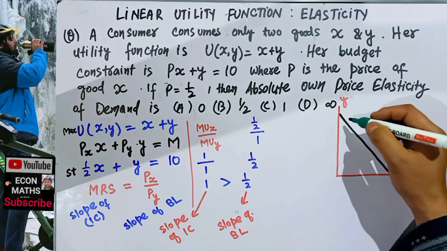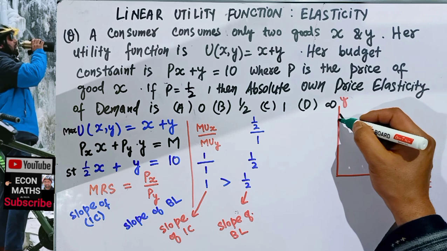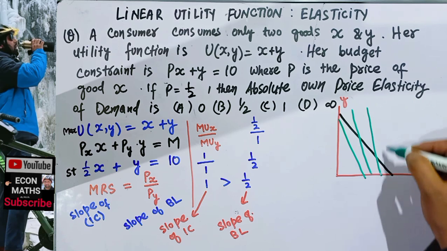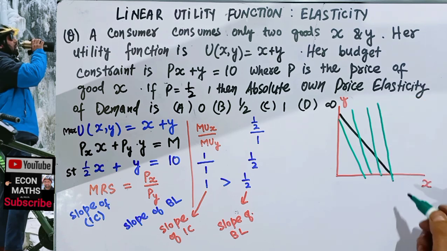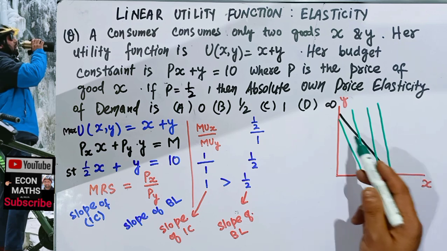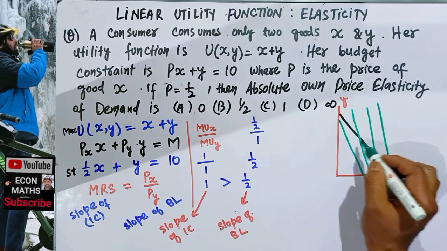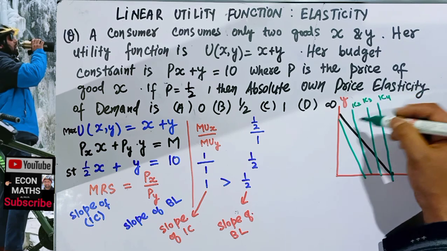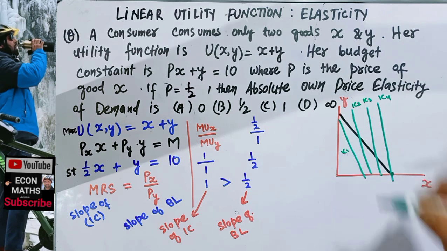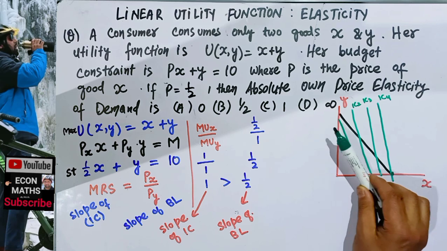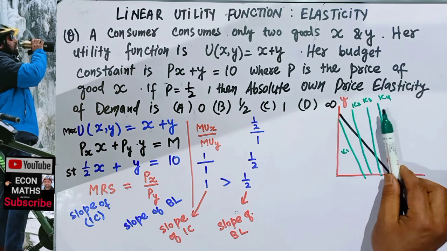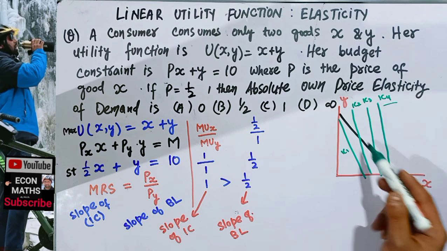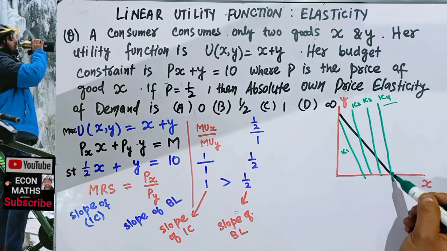And let us draw some indifference curves like this. We want to achieve the highest possible utility. So here you can see budget line and indifference curve. Let us say this is IC1, IC2, IC3, IC4. With given budget constraint, consumer wants to reach the highest possible indifference curve, and the highest possible indifference curve is IC4, where budget line and indifference curve intersect.